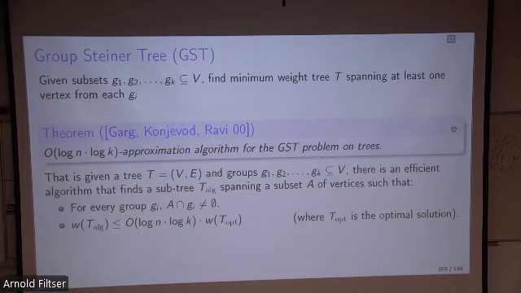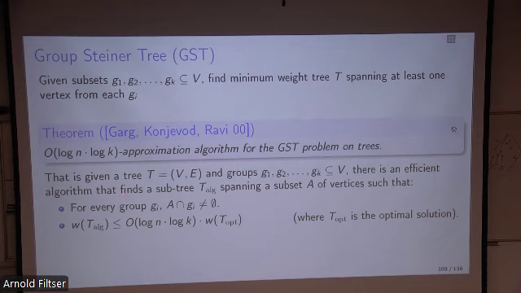Yeah, so let me again say exactly what I mean by Garg et al. They find a log n log k approximation algorithm for group Steiner tree. So it means that given a tree T, could be weighted as well, doesn't matter, and k groups, there is an efficient algorithm. Efficient means it runs in polynomial time.